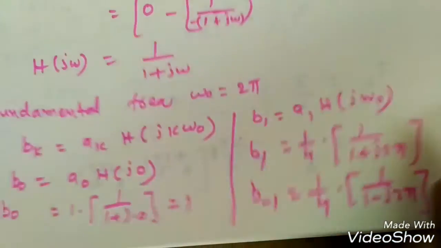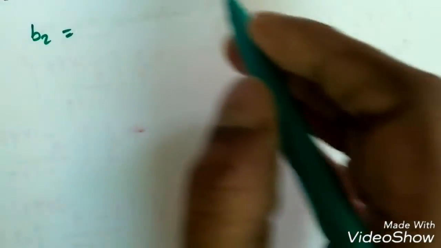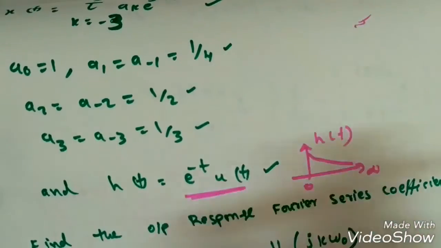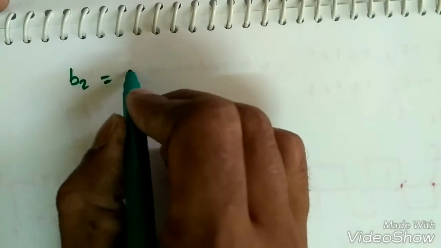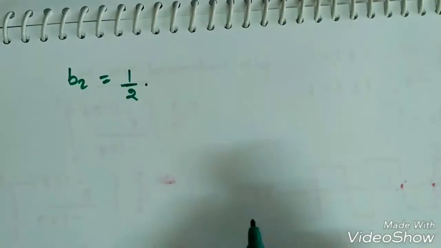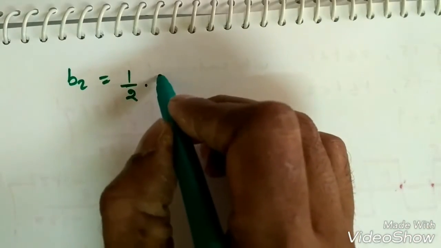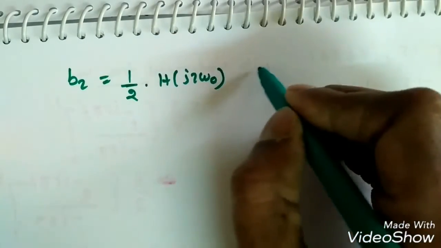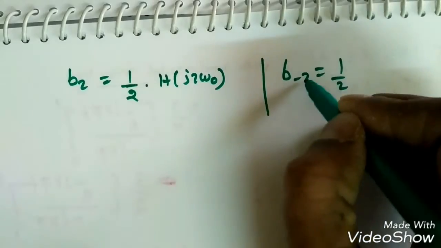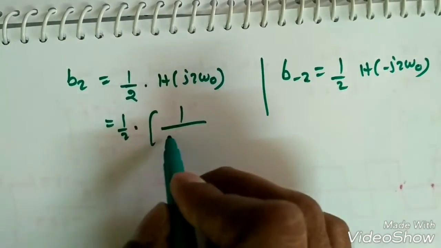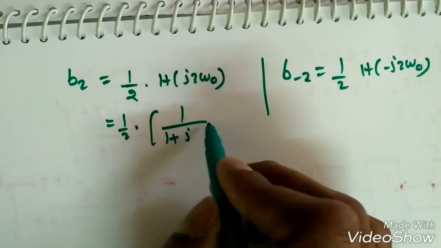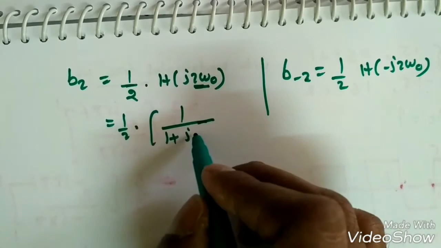Now again the remaining parameters, that is b2. What is b2? a2 is given like this. See here, a2 and a minus 2 are 1 by 2, a3 and a minus 3 are 1 by 3. So b2 is 1 by 2 into H of j 2 omega naught. Similarly, b minus 2 is the same, 1 by 2 H of minus j 2 omega naught. So 1 by 2 into 1 by 1 plus j, and in place of omega naught, 2 omega naught, that is 2 into 2 pi.